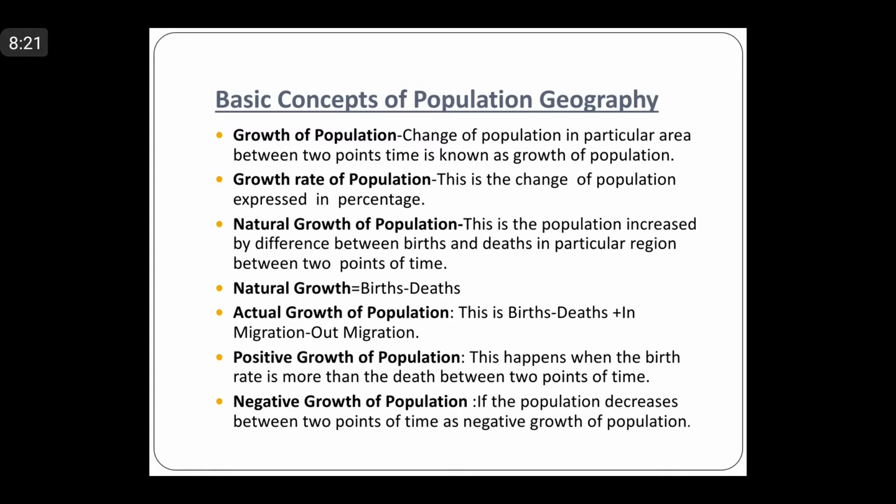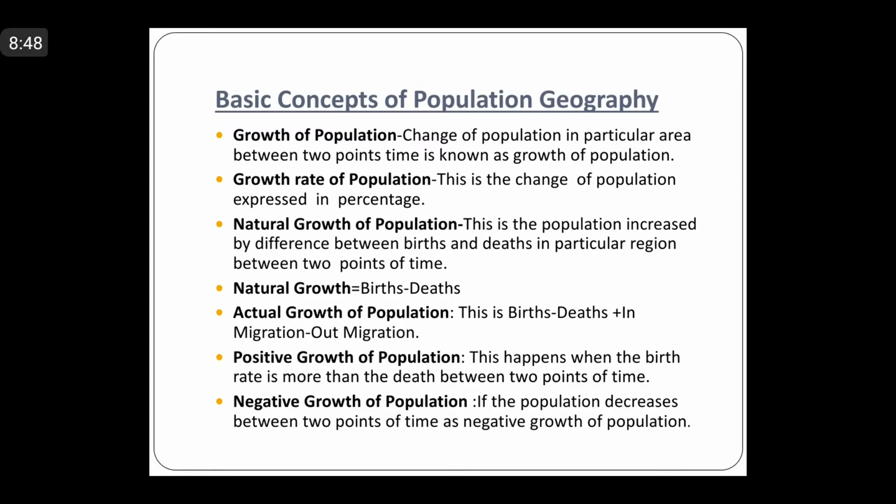Either 2001 census or 2011 census, between 2 points, and this is called what? Growth of population. Change of population, whether increased or decreased, or size of population, and the different components of population are taken.